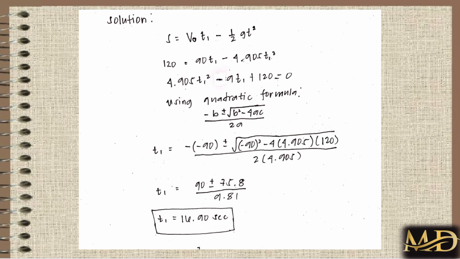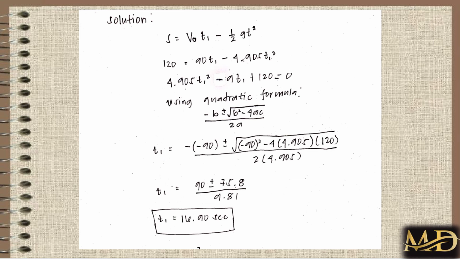Solution. S is equal to V0 times T1 minus 1 half G times T squared. So 120 is equal to 90 T1 minus 4.905 T1 squared. So 4.905 T1 squared minus 90 T1 plus 120 is equal to 0.